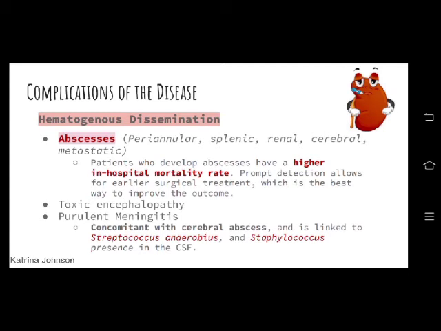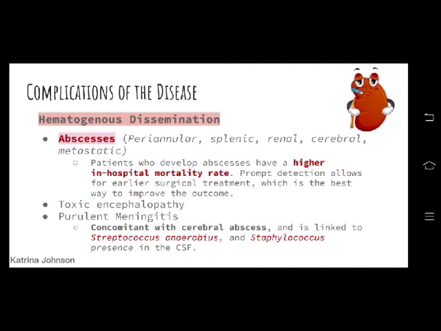Next, we have toxic encephalopathy, so changes in brain dysfunction, cognitive abilities, and variation in the level of consciousness and vigilance of our patient. Sometimes they present with delirium and confusion. And then we have purulent meningitis. This complication is not as common, but it is concomitant with cerebral abscess.